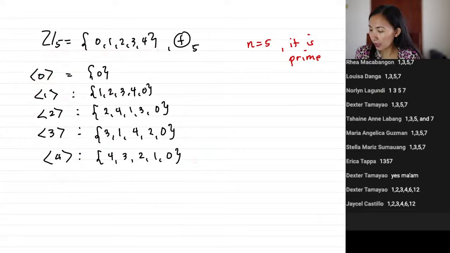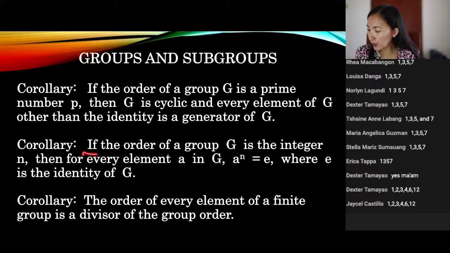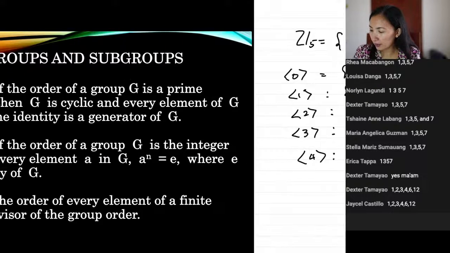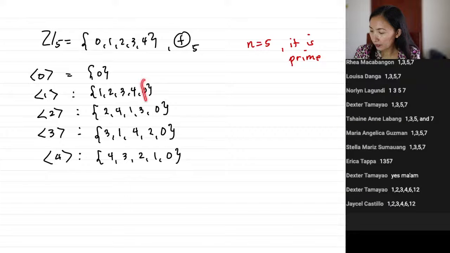Now, we move on to the next. If the order of the group is the integer n, then for every element A in G, A raised to n is equal to E, where E is the identity element of G. Tama nga naman. Look at this. This 0 here came from 1 raised to 5, the order being 5.